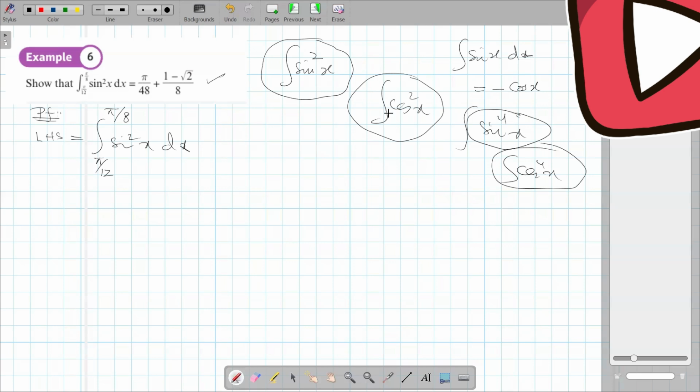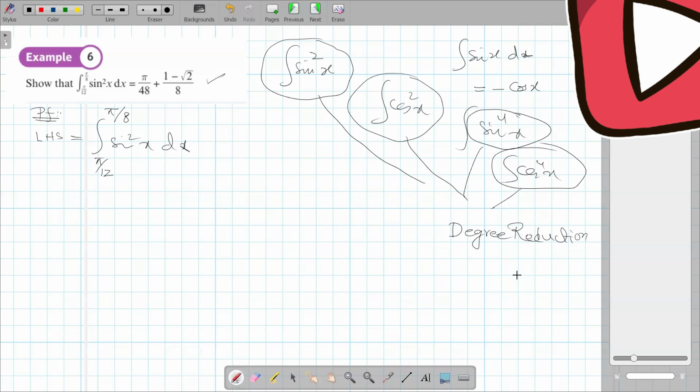In all cases, you have to reduce the degree. This is done by degree reduction. You cannot integrate these functions, sine square, cos square, sine power 4, cos power 4, even power of sine and cosine, without degree reduction.